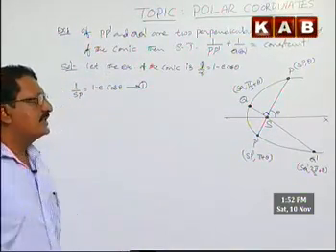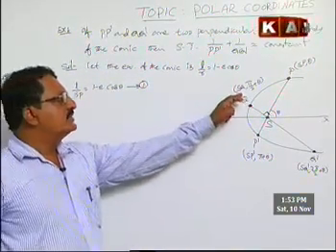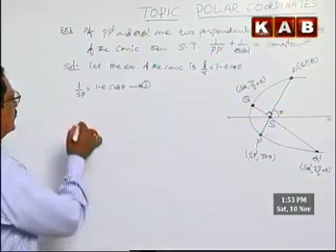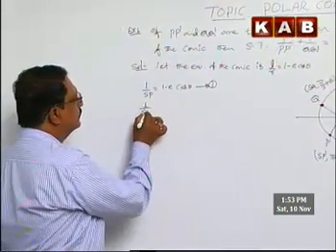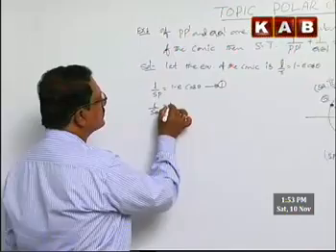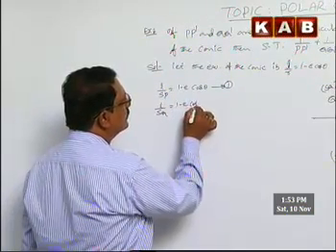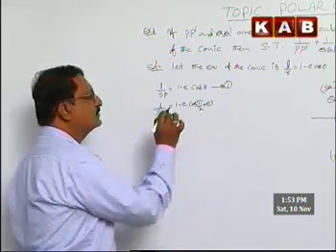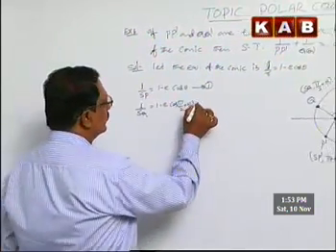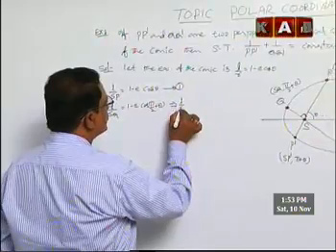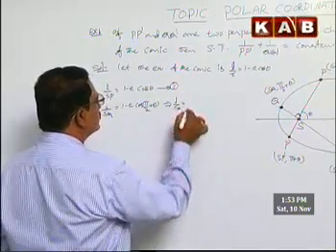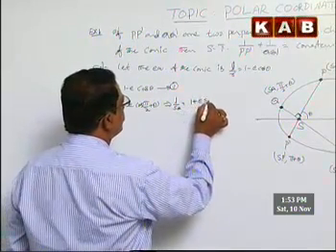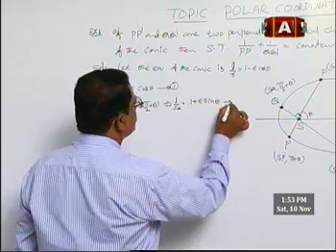Then substitute the coordinates of the point Q, SQ comma pi by 2 plus theta. Then we get L by SQ equals to 1 minus E cos of pi by 2 plus theta. But cos of pi by 2 plus theta equals to minus sin theta. We get L by SQ equals to 1 plus E sin theta. It is the second equation.